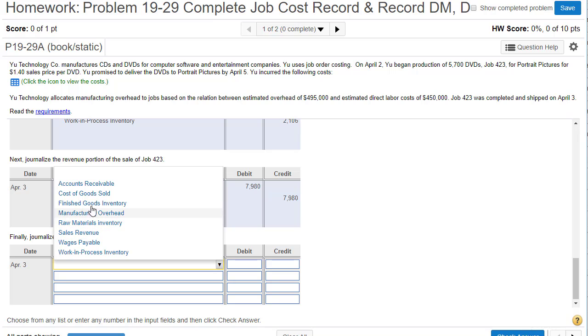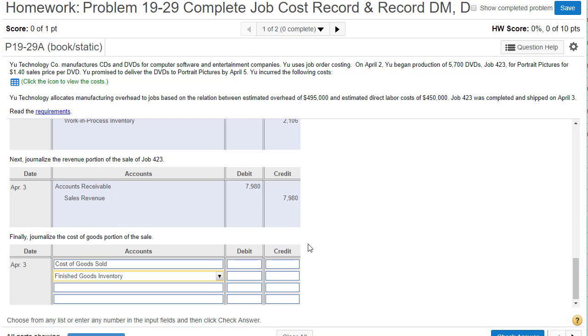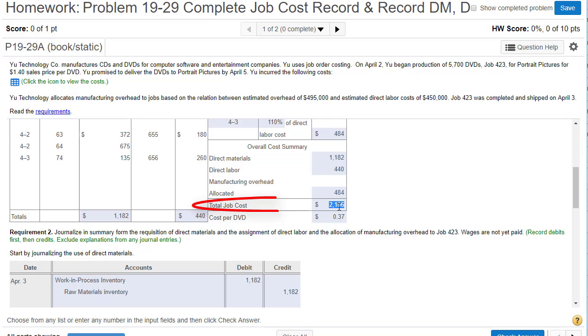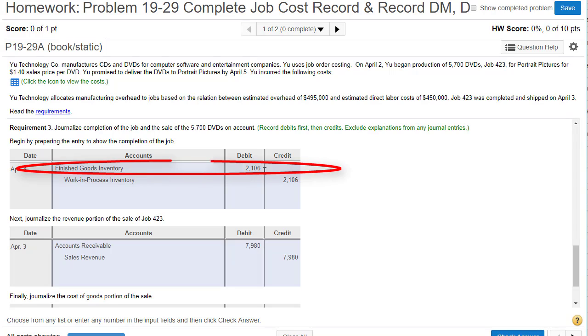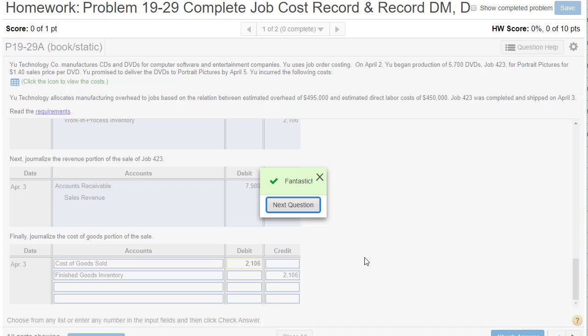So cost of goods sold is increasing, finished goods inventory is decreasing, and how much? It's the total cost of the job, which you can tell right here, and you can also tell right here when we transferred it to finished goods inventory. Finished goods inventory goes down, cost of goods sold goes up. And that's it. So this is a really good review problem of how job order costing works.